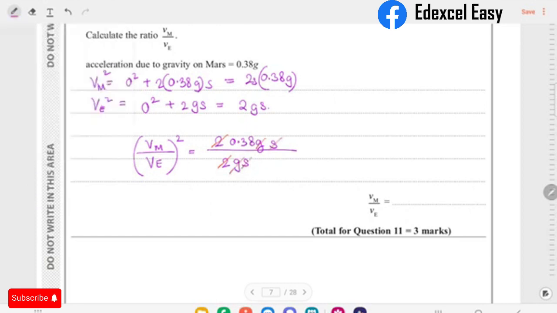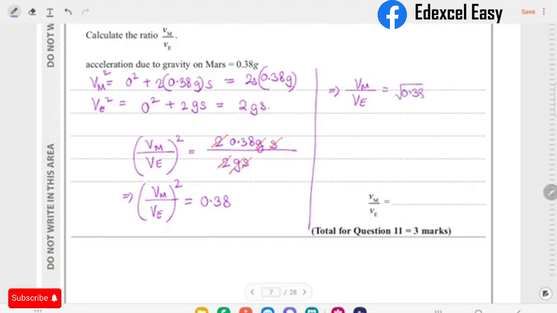At the end, you're only left with Vm over Ve, everything squared, equal to 0.38. Since you have a square on the left hand side, if you shift it to the right hand side, it will be a square root. So over here you get the square root of 0.38. If you calculate it, the ratio of velocity from Mars to Earth would be 0.62 almost.